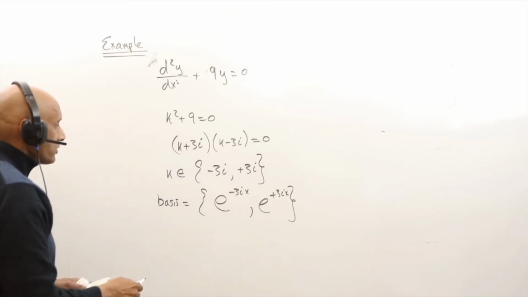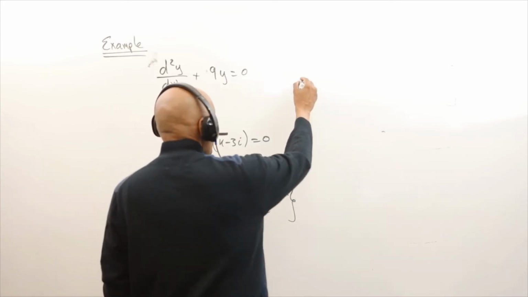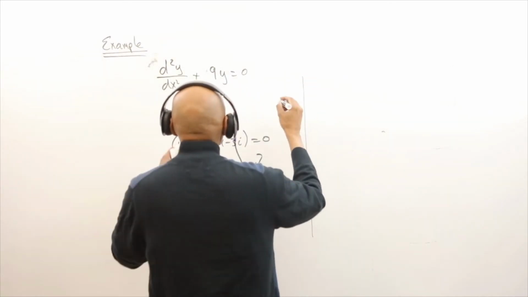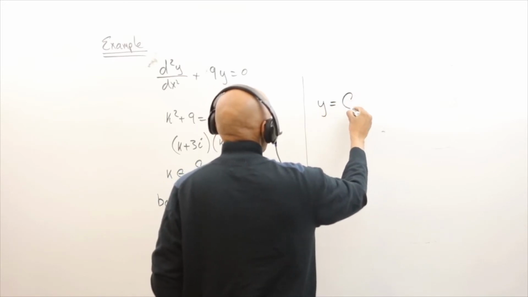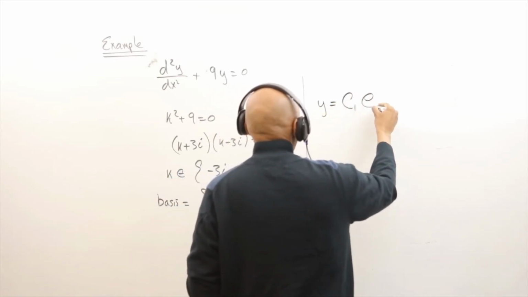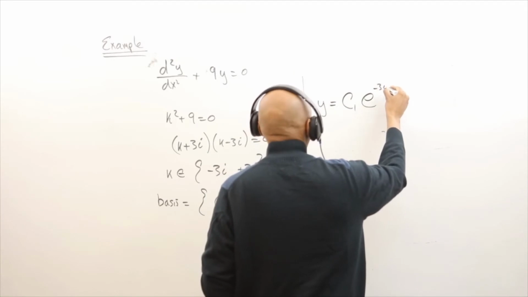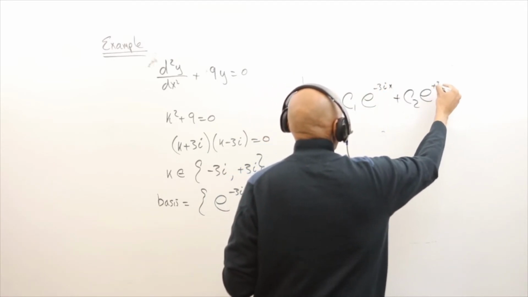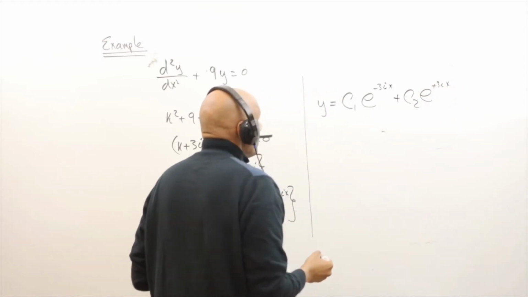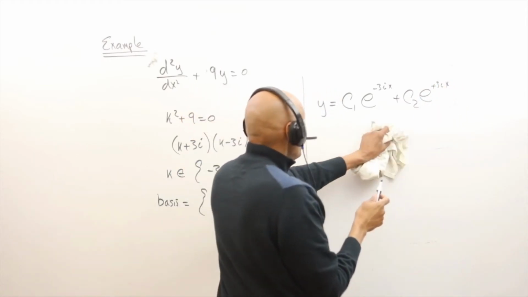Whenever you have conjugates, the general solution, right, we could write this. The solution for this second order differential equation is, we could say y is equal to some constant c times e to the minus 3ix plus some constant e to the positive 3ix. But we have to be a little careful.